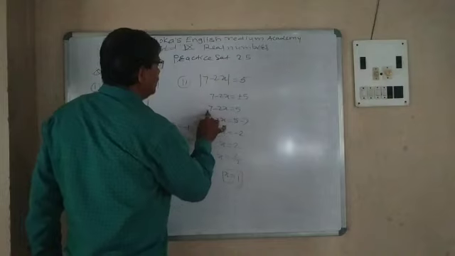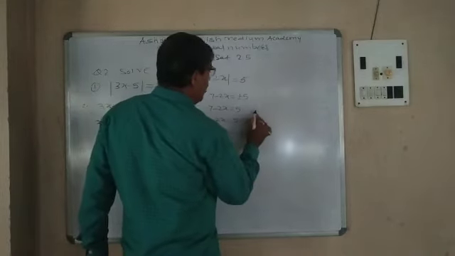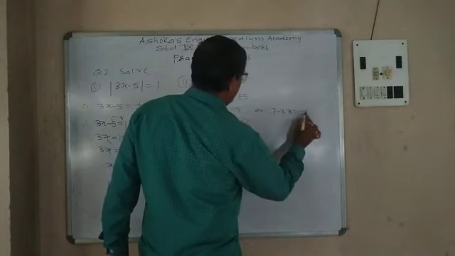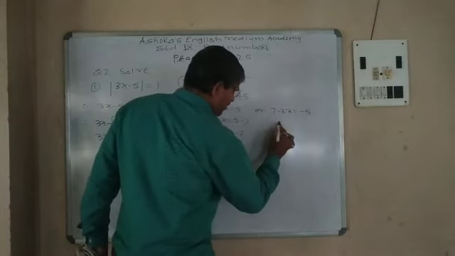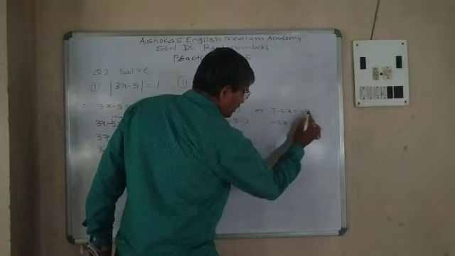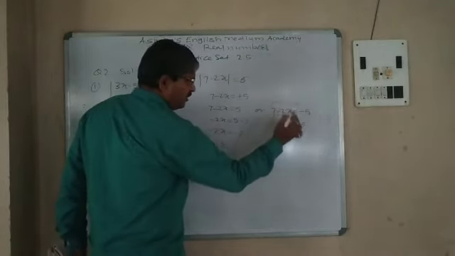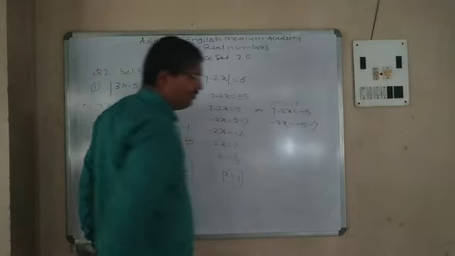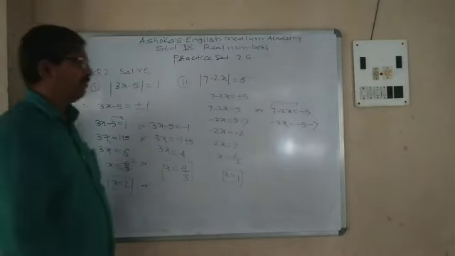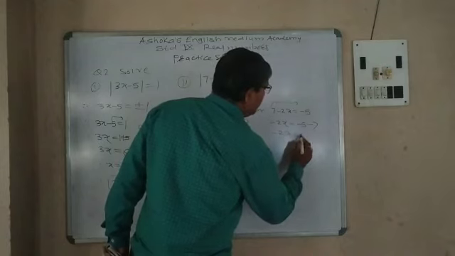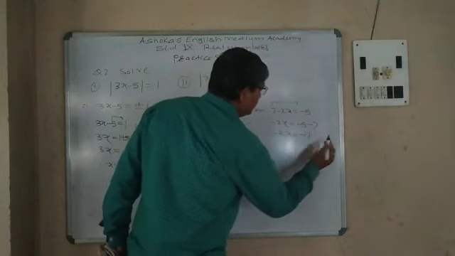Now the other value: 7 minus 2x is equal to negative 5. Then minus 2x as it is, and the right-hand side number minus 5 as it is. 7 goes to the other side, and when it goes to the other side, positive becomes negative. Then minus 2x is equal to minus 7 minus 5, which means minus 12.